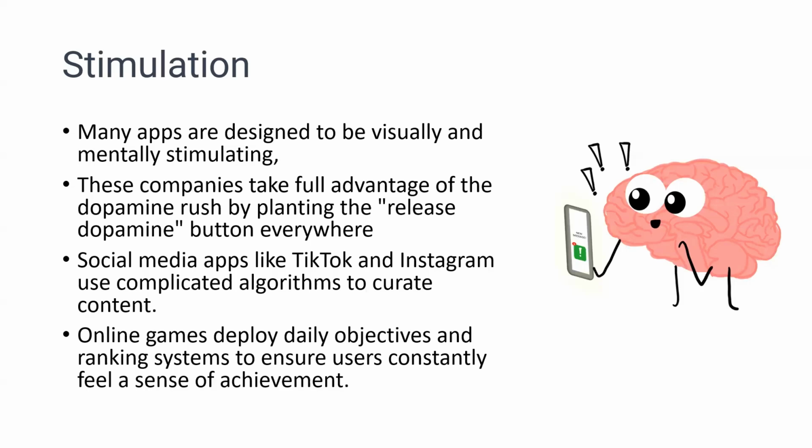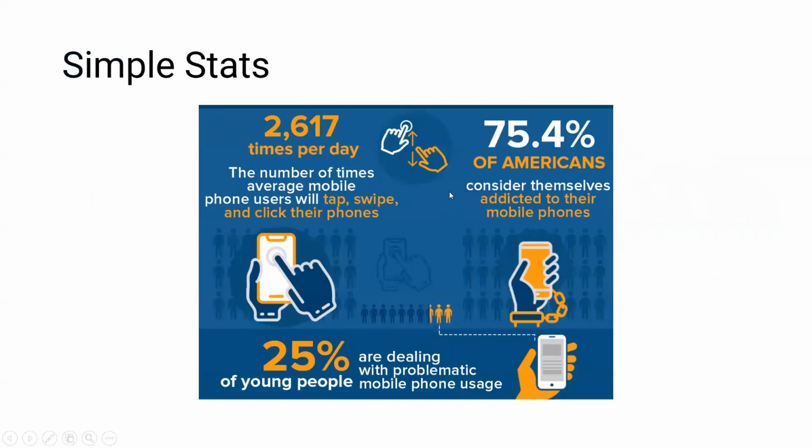This is also something that has been done a lot in online games, because they deploy things like daily objectives and ranking systems to ensure that users constantly feel a sense of achievement while playing. Now let's look at some stats. On average, some people tap 2,600 times a day.